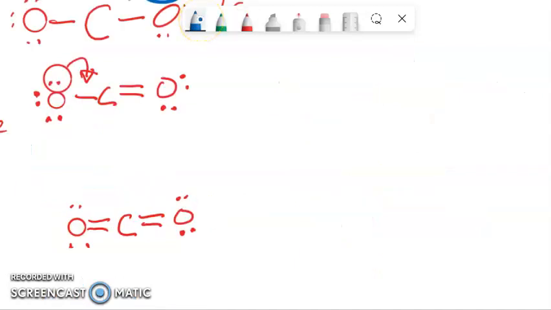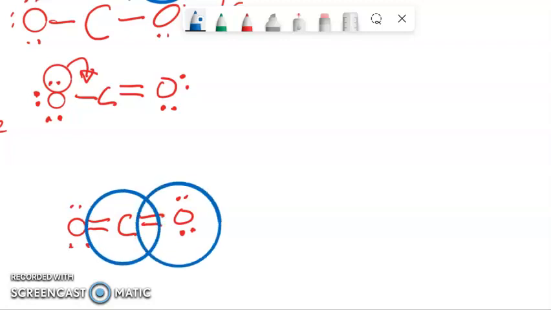Okay, now with a double bond between the carbon and both oxygens, we get 2, 4, 6, 8 electrons still around the oxygen and 2, 4, 6, 8 around the carbon. So there's an octet, and there's an octet, and also there's an octet. So this is the correct Lewis structure for carbon dioxide.